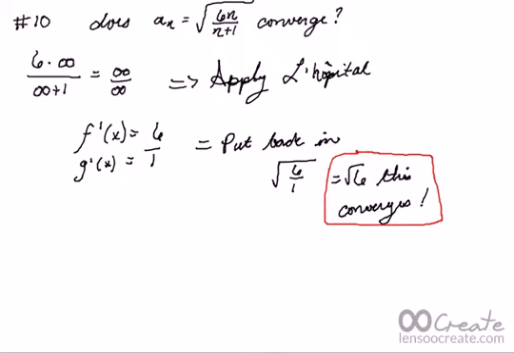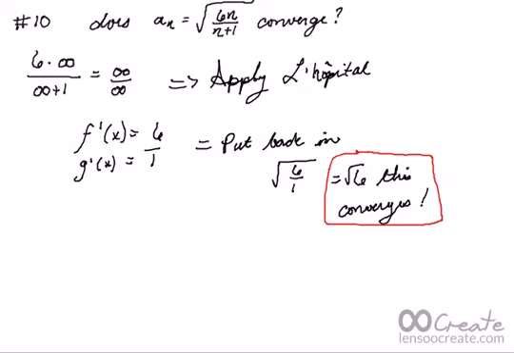So the first thing that I did was I took the derivative of 6n, which gives us just 6, and then I took the derivative of n plus 1, which is just 1, and I got 6 over 1, or simply 6. And then I just put that back into the square root sign, and I got the square root of 6, and that would then converge.